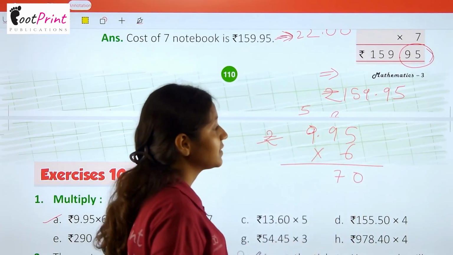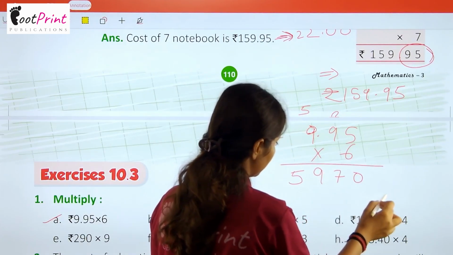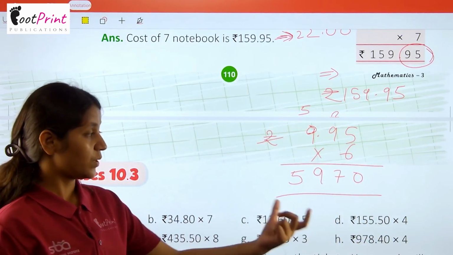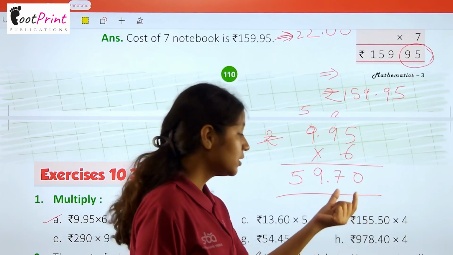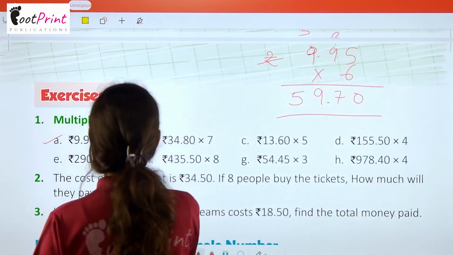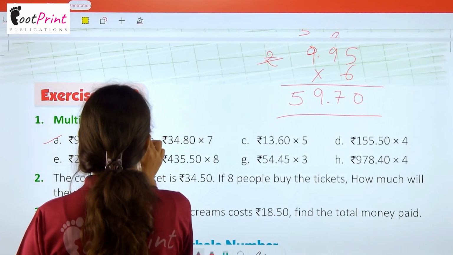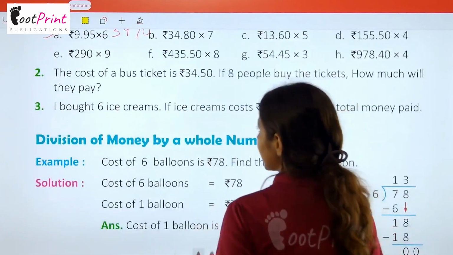Now, 9 sixes are again 54 and 54 plus 5 is 59. So, your answer is 59.70. Okay. Do not forget to bring the dot in between these digits. So, your answer is 59.70. In a similar manner, the rest of the part you people can do by yourself.